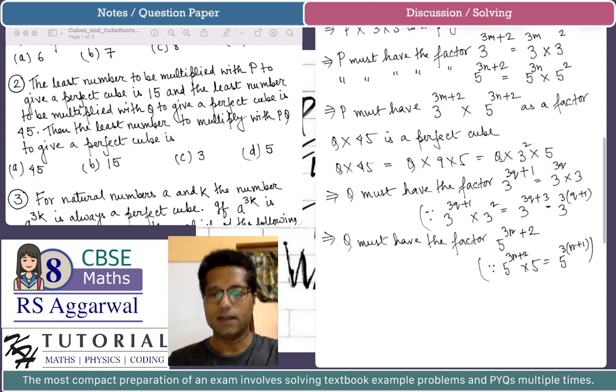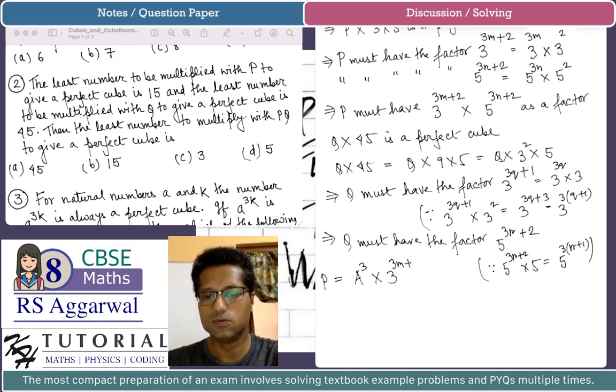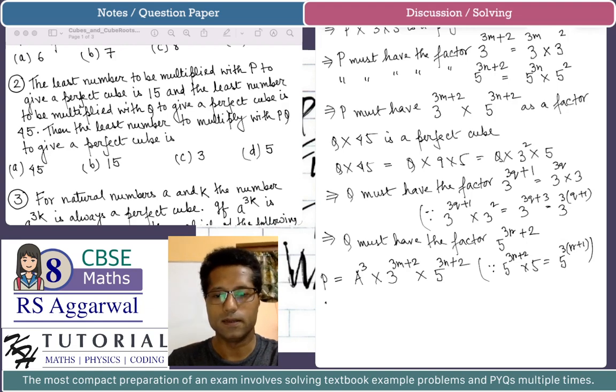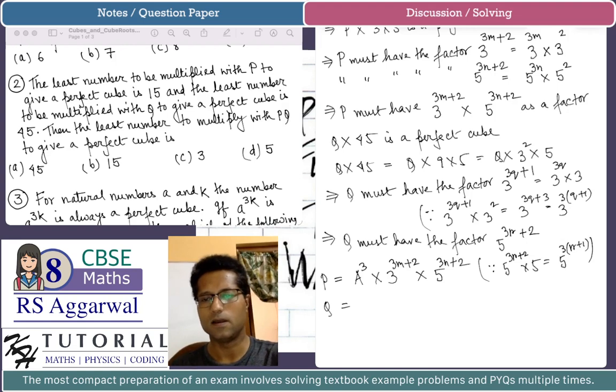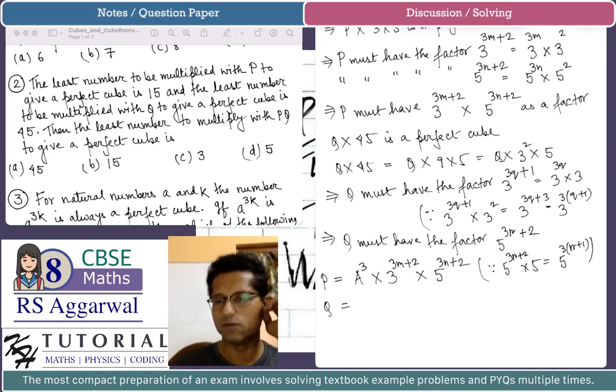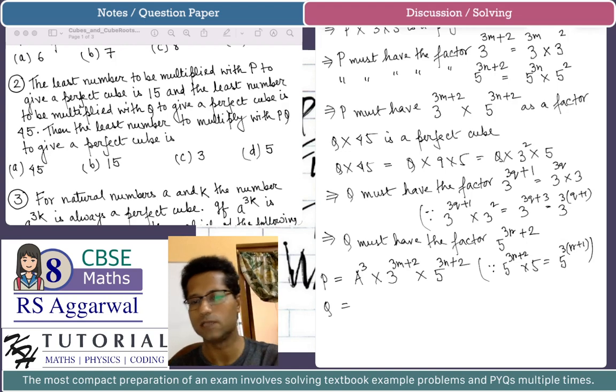So we get that p is something like a cube, and it will have 3 to the power 3m plus 2 multiplied by 5 to the power 3n plus 2, where a will be some natural number, and a cube is forming triplets of some natural numbers.